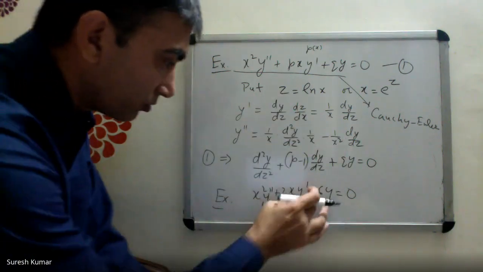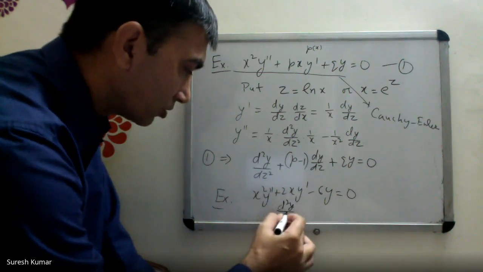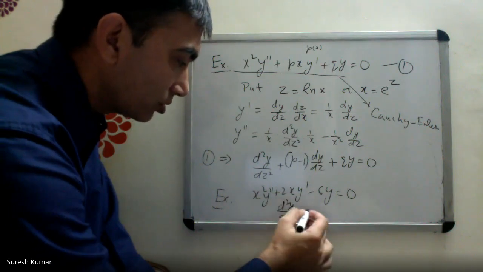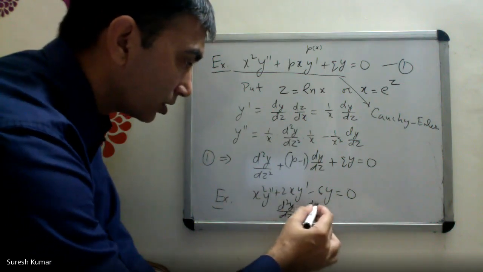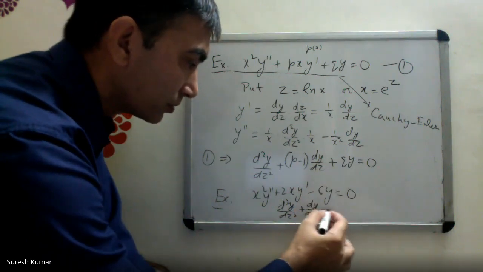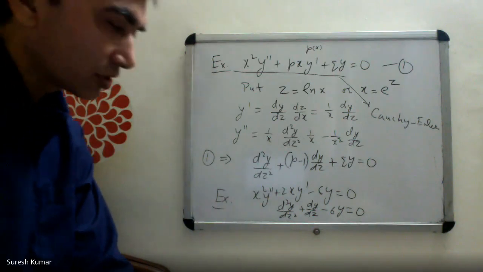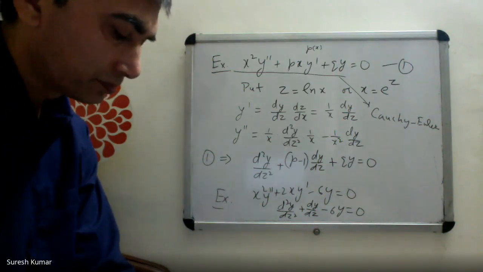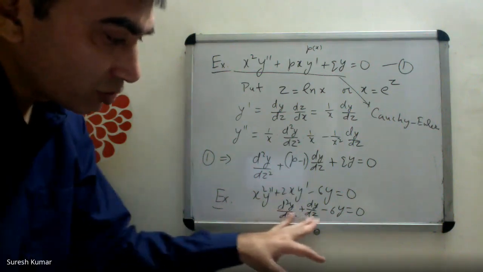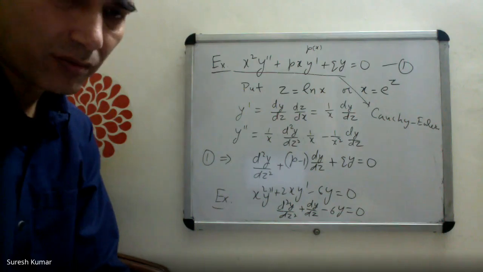The transformed equation would be d2y over dz square. In place of p, you have 2 here. So you get dy by dz minus 6y. Q is minus 6. Now it is an equation with constant coefficients in y and z. So you can write its solution.